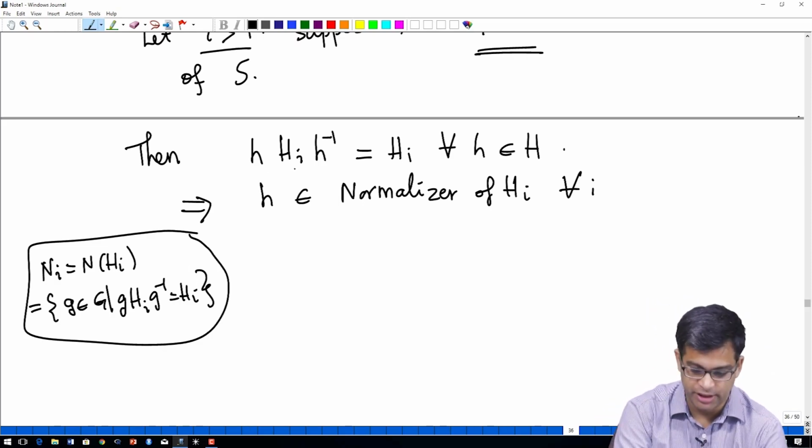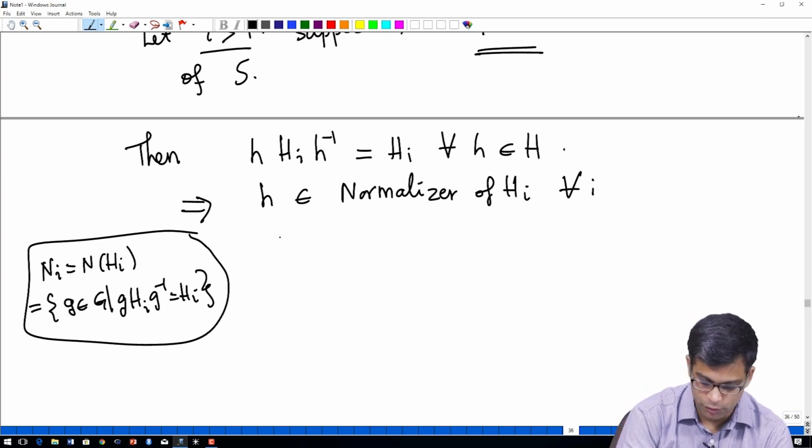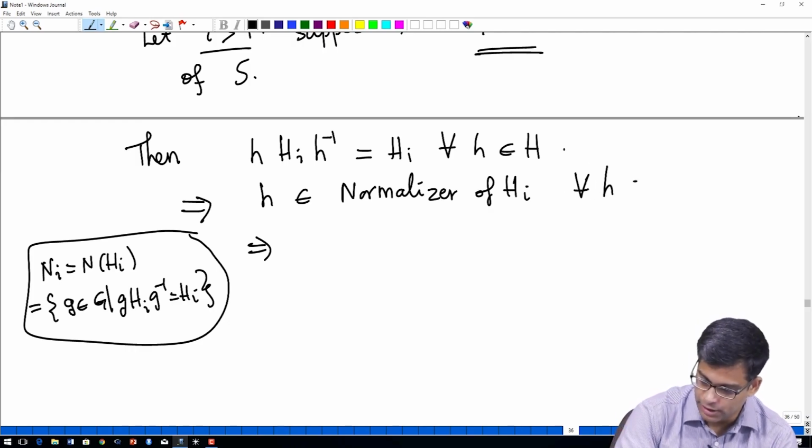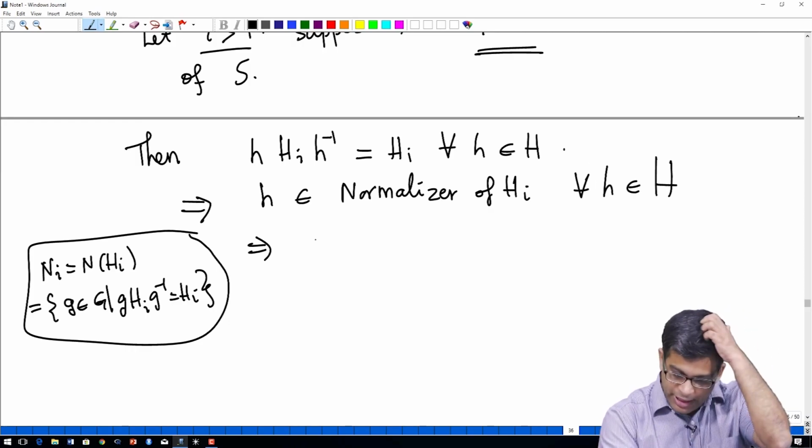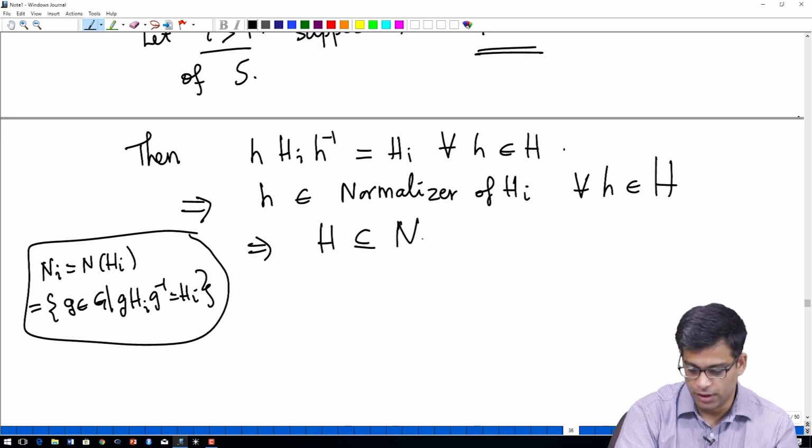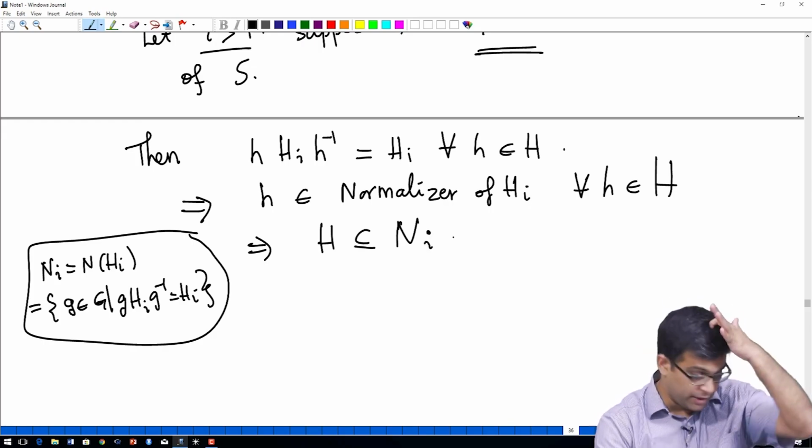Now, if h times H I times h inverse is H I, then h belongs to the normalizer. So, for all h in capital H. That means capital H is in the normalizer of H I. So, capital H is in N I.